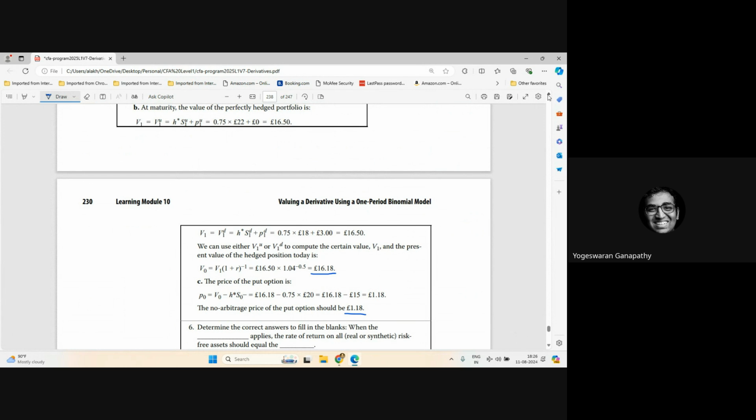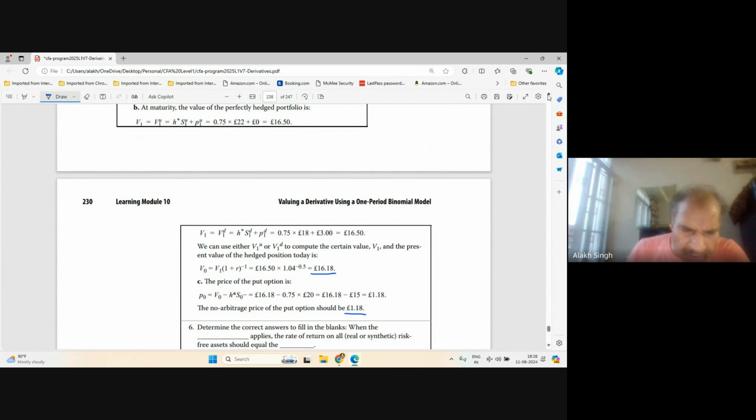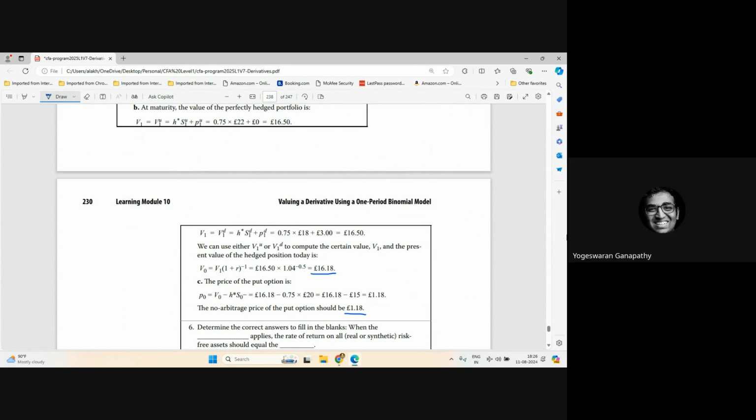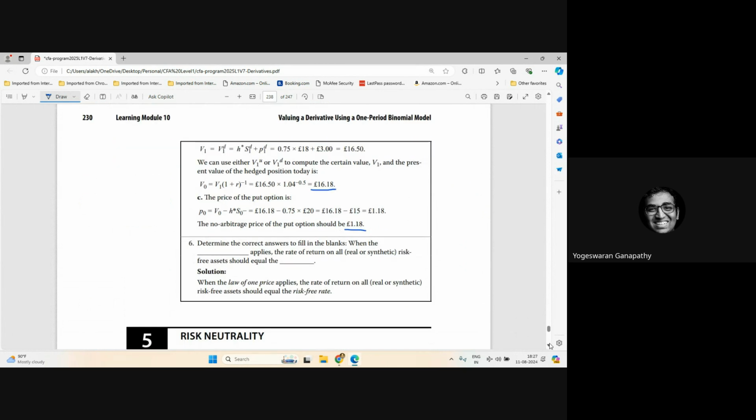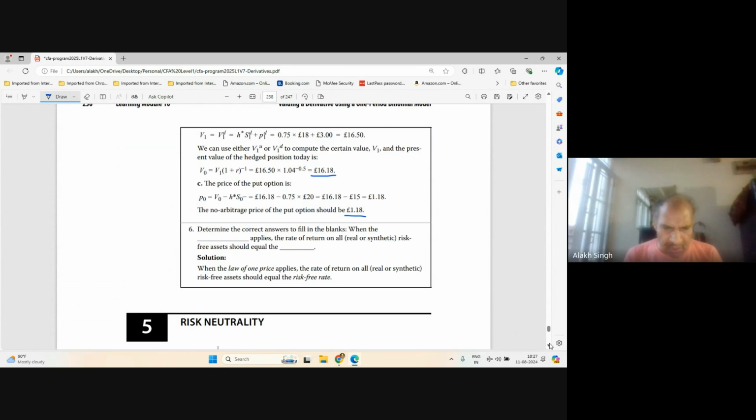Or the law of one price, when the law of one price applies.